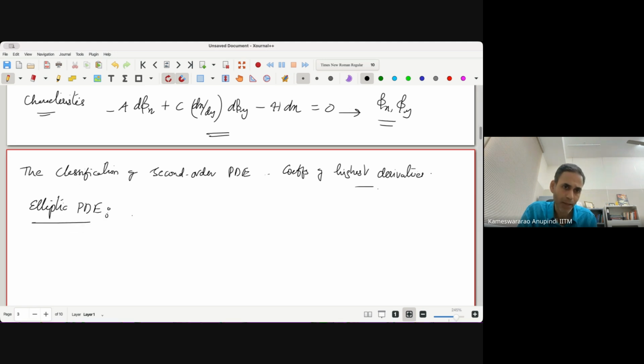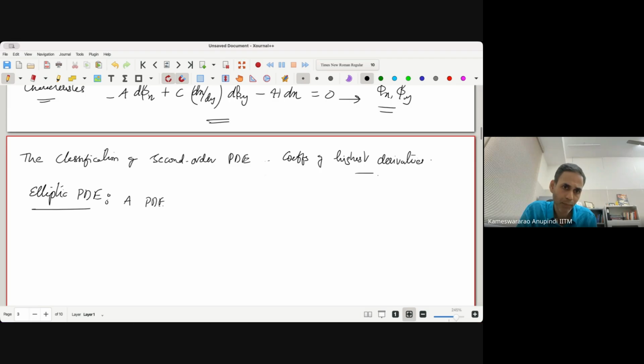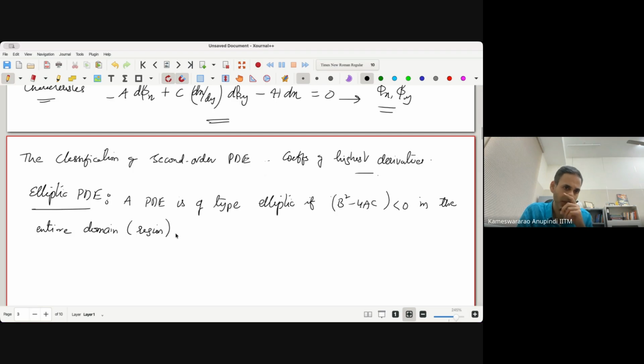That means a PDE is of type elliptic if b square minus 4ac is less than 0 in the entire domain or region in which the PDE is being solved. Only then we call it an elliptic PDE, and it has no real characteristics.